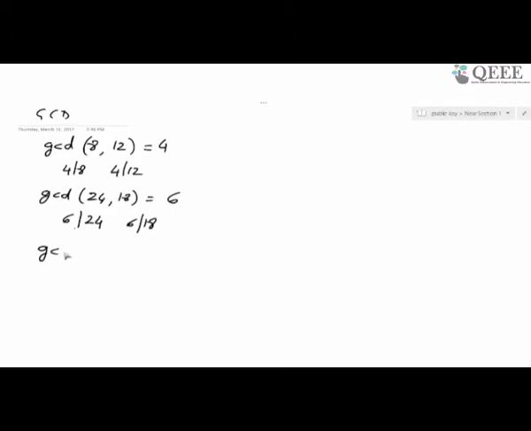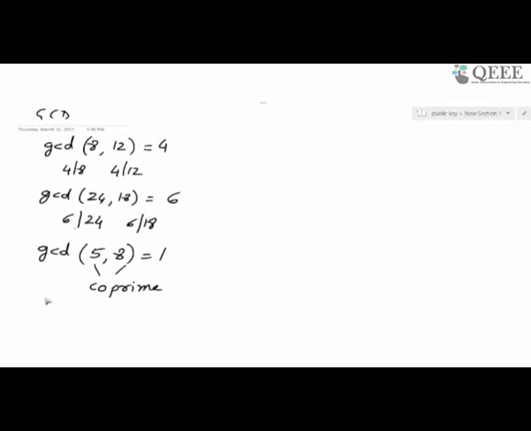What about GCD of 5 and 8? This is equal to 1, because 1 is the only number that divides both 5 and 8, and we call the numbers 5 and 8 co-prime.